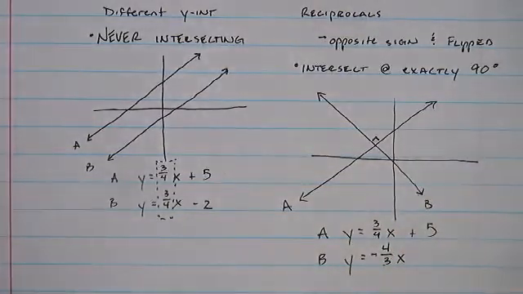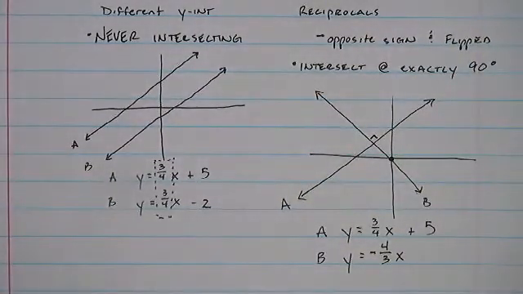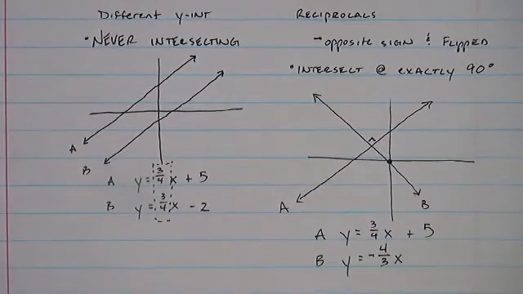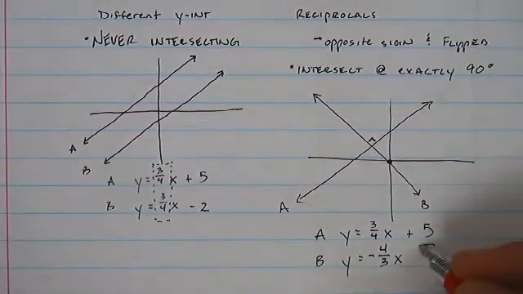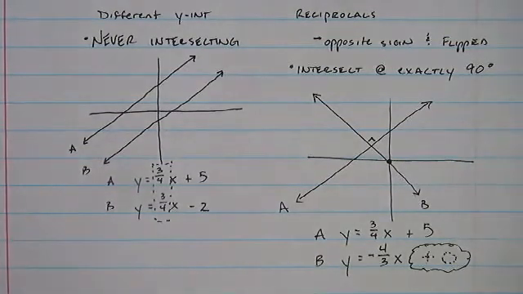So we're going to call that one right there. It's going to go through the origin for us, so we're not going to have a y-intercept. Just to remind you, when you have that situation, there is that imaginary plus 0 out there that we don't write, but it is there.